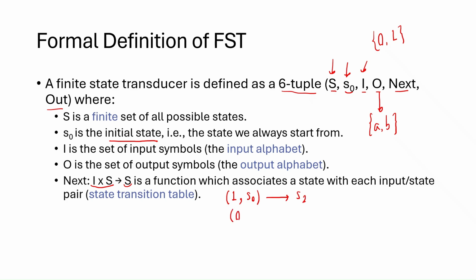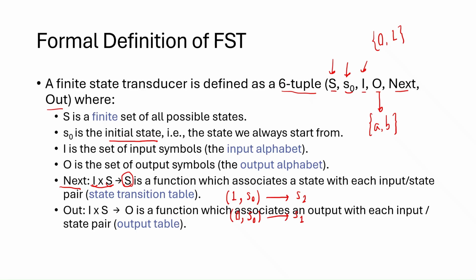And if your input is 0 and your current state is S0, next can tell you to go to S1, and so on and so forth. So that's what this function next does. You provide the current input symbol and current state, and it tells you what the next state is going to be. So as I said, similar to the state transition table.